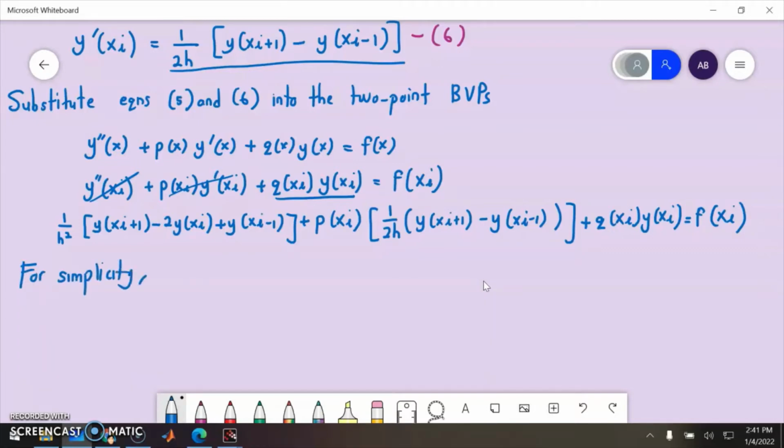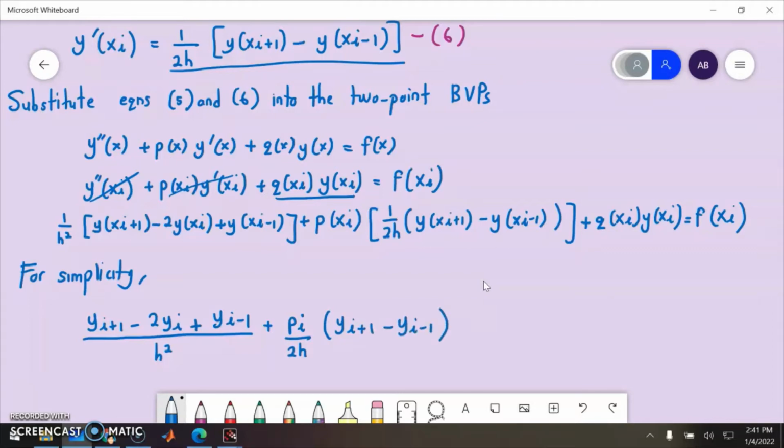We want to write it as y_{i+1} minus 2y_i plus y_{i-1}, divided by h squared, plus p_i instead of p(x_i), over 2h, times y_{i+1} minus y_{i-1}.